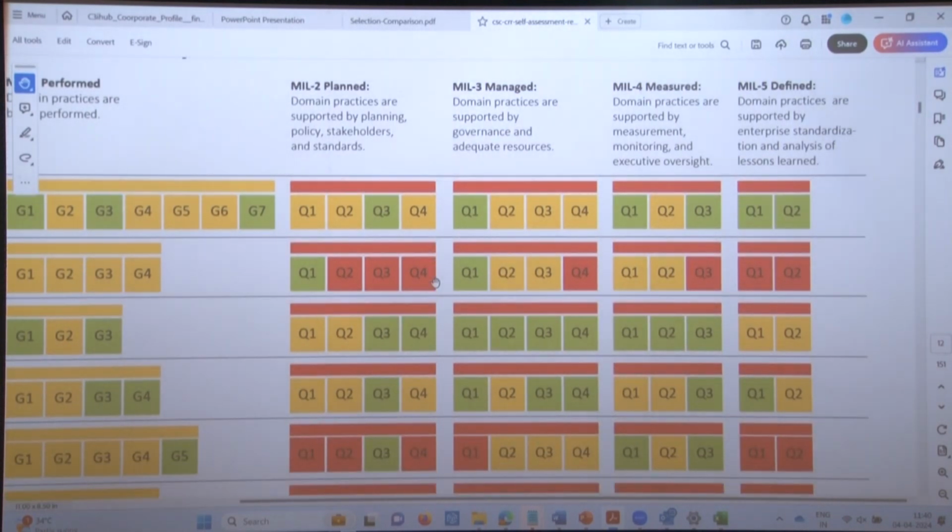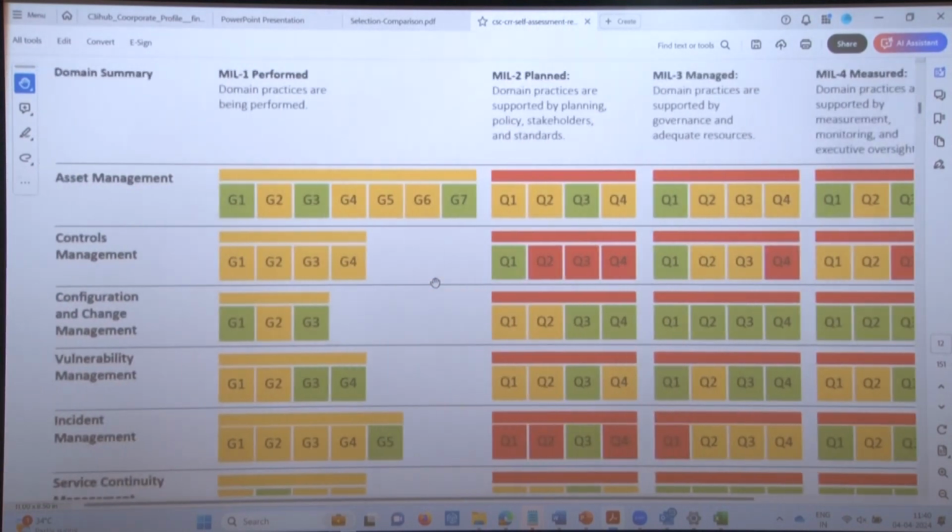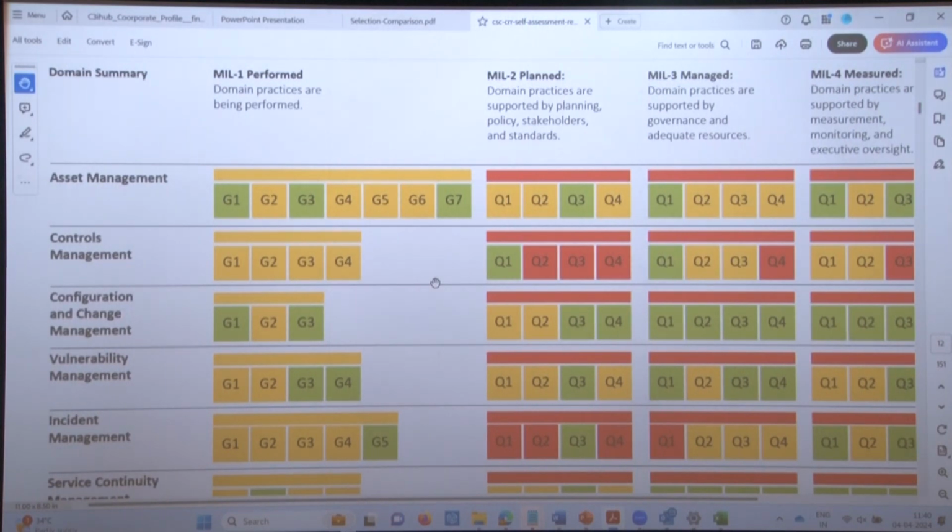In order to know the maturity, there are questions about practices. For each of these there are also maturity questions. The questions for maturity level 1 and 2 and 3 and 4 are different, and you see that in asset management we are not so bad in the sense that, now you see that this is red, this is red, this is red, because I am not even at this maturity level.